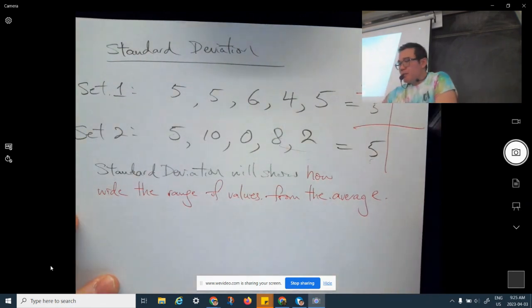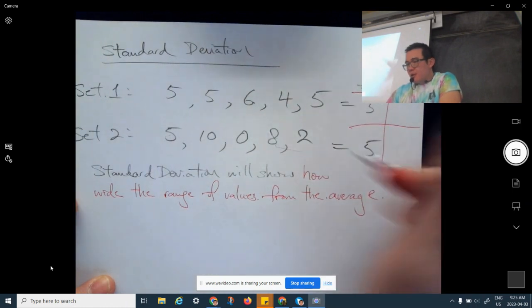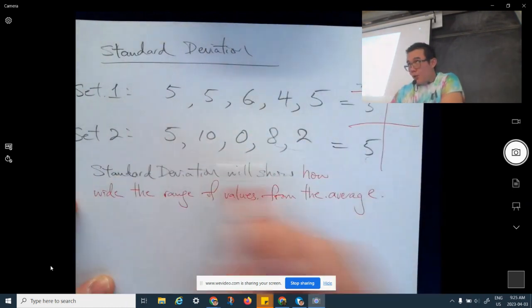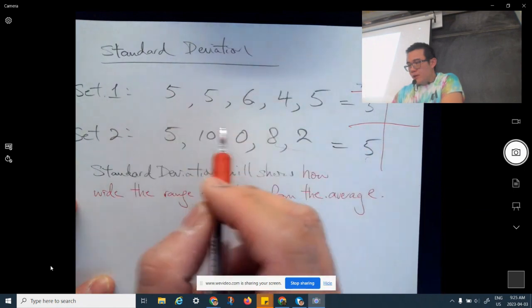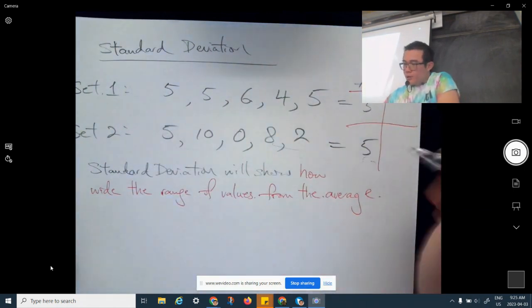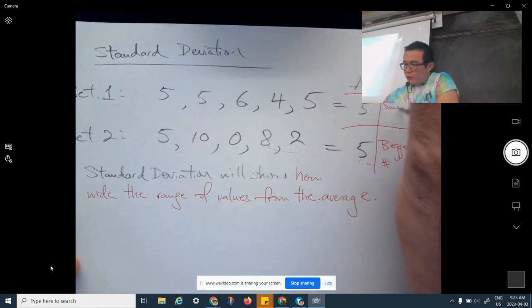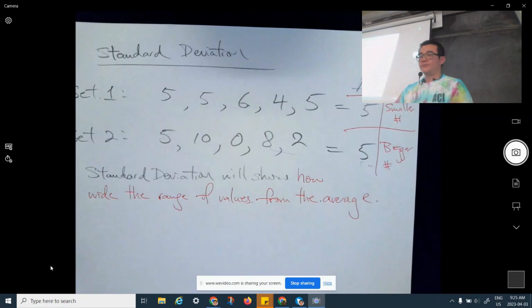Okay? So in this case, standard deviation of these two sets, because this is a wider value than this one, like all these numbers are much further wider range from here, so the standard deviation of this will be a bigger number. This one will be a smaller number. Are you guys good?